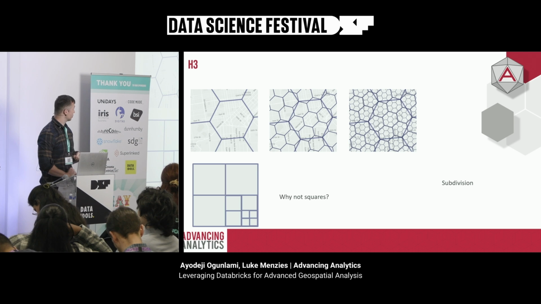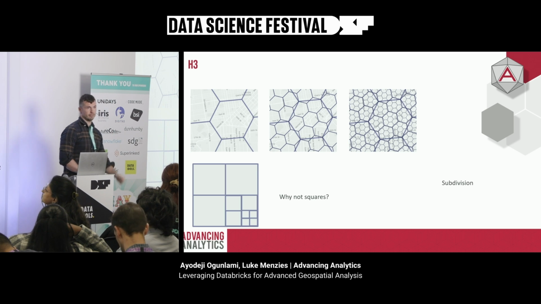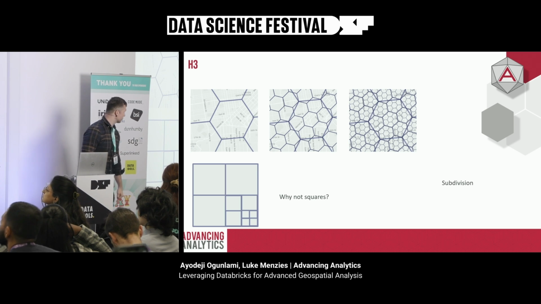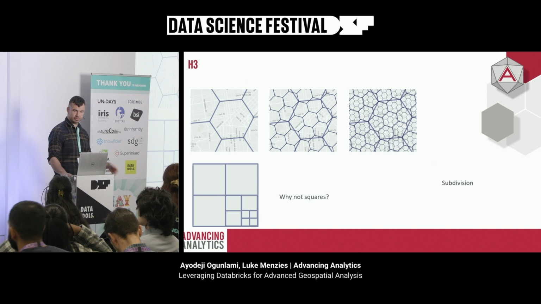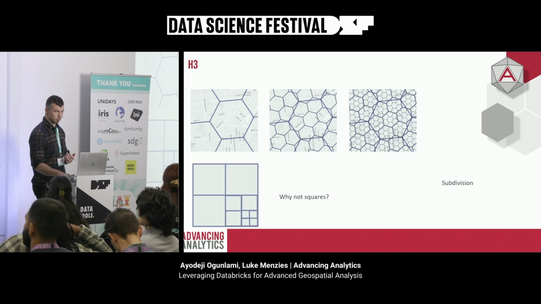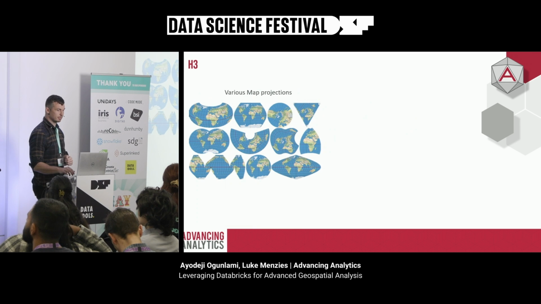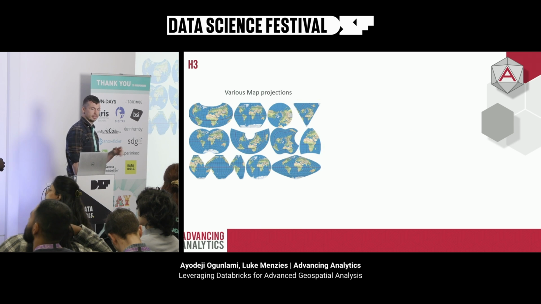However, squares do subdivide perfectly. So why have they not used squares? They could use squares to do this. So there is another reason, and this is the final reason, but it's one of the most important, and it's more of a superficial reason, but I'm going to explain it.